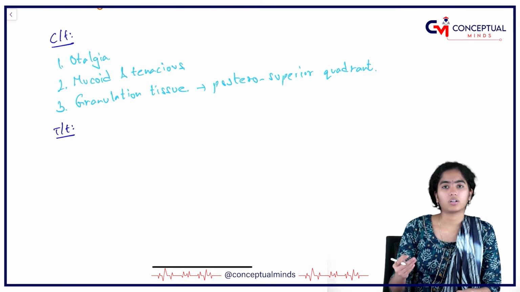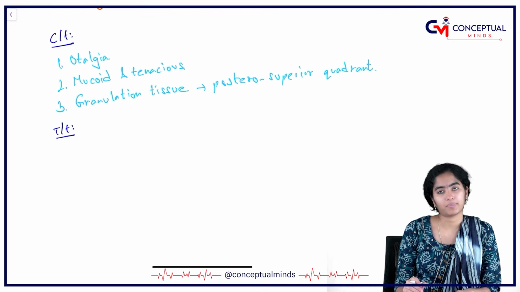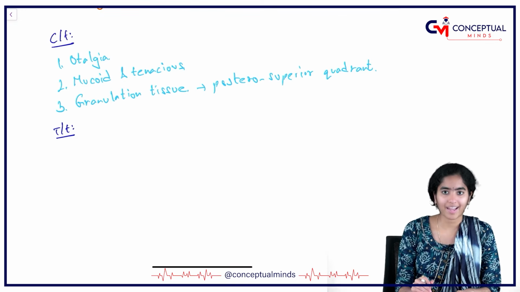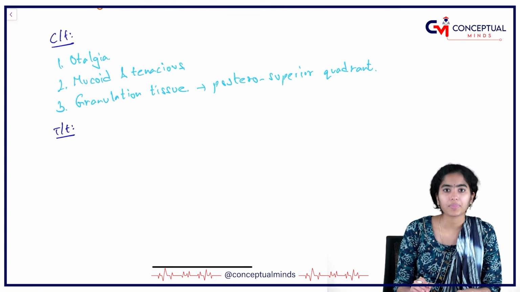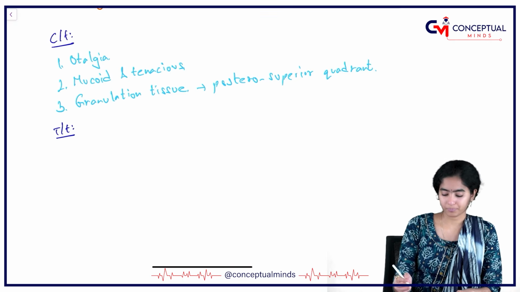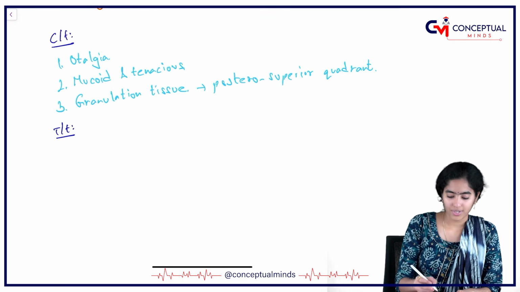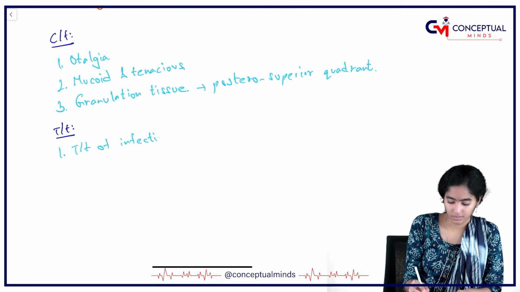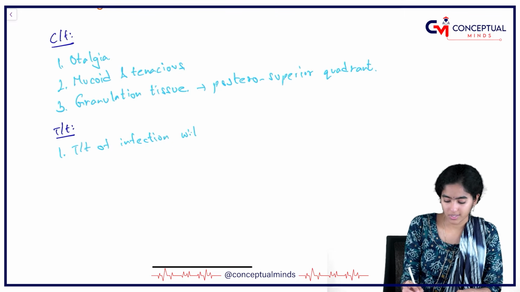Next, let us look into the treatment of Myringitis granulosa. First, we have to do a culture and sensitivity examination of the discharge, and based on that, if at all there is an infection, antibiotic eardrops are started. And for the granulation tissue, cautery is done with silver nitrate. First important part is treatment of infection, if present, with antibiotics.